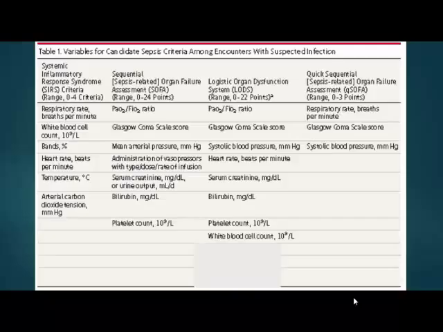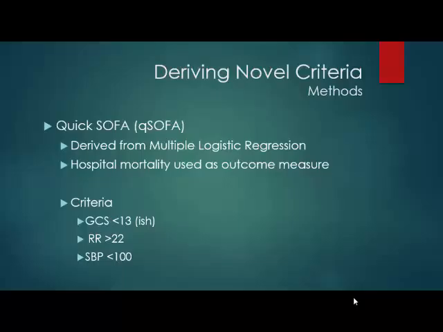They ended up taking out the last 3 portions of the LODS score: the urine output, serum urea, and prothrombin time. I don't know how you can just take points out of a score, but they took those out of the score and really only evaluated the top portion of the LODS. And then, based on a multiple logistic regression analysis, they developed this Q-SOFA.